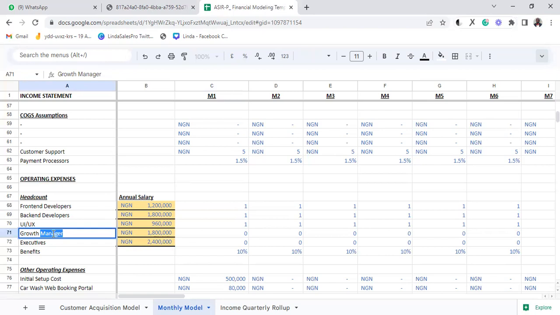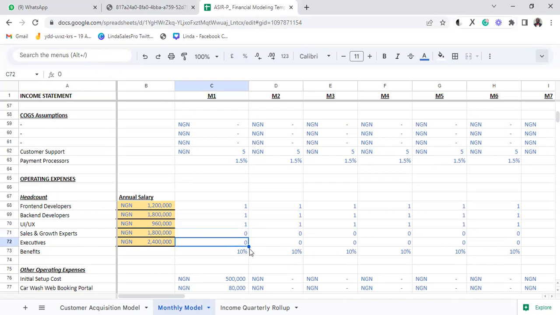Let's call it sales and growth managers or experts. Anything you want to call it. So let's say for the initial time we are building our product, we don't need any sales and marketing person. So we can keep it 0, 0, 0.